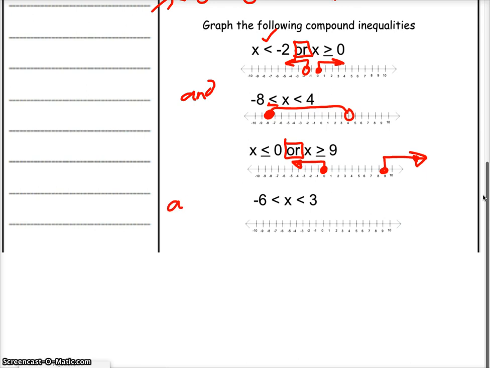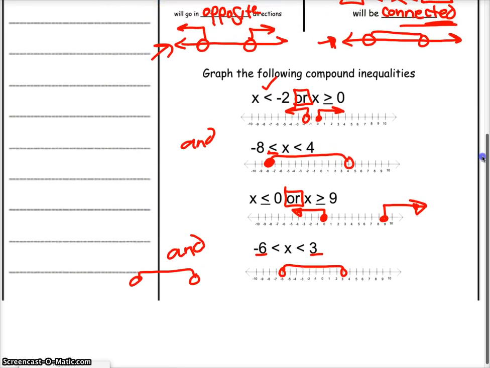This last one is another and graph. And graphs I know look like this. They should be connected. So I'm going to make a circle at -6. I'm going to make a circle at 3. And I'm going to connect them. And that's our learning target for today.